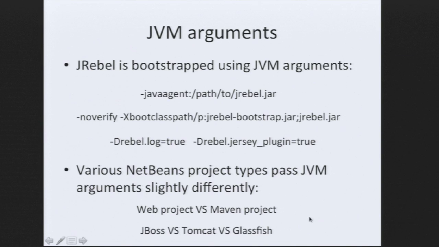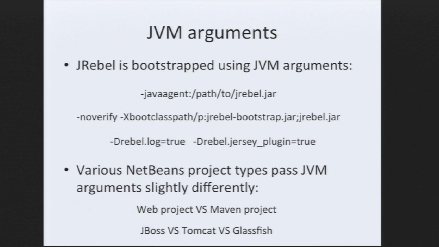It's also different inside the NetBeans IDE, as you might have different project types. If it's a Maven project, the arguments might be passed in one way. If it's a web project, it's a completely different story inside the platform. It also varies between the application containers. If you have JBoss, maybe the parameters are provided in one place, and if it's Glassfish, you probably need to do something else.